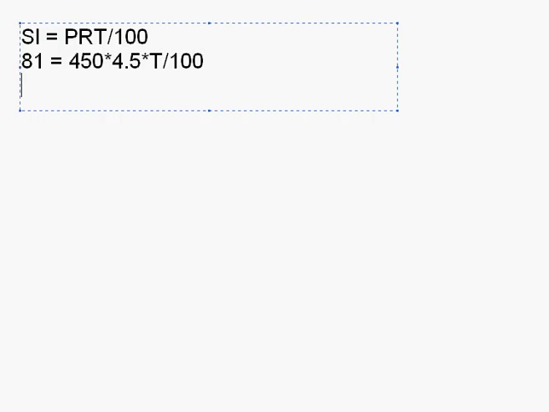So if you solve it, then T will become 81 times 100 upon 450 times 4.5, right? So it will be 4 years.